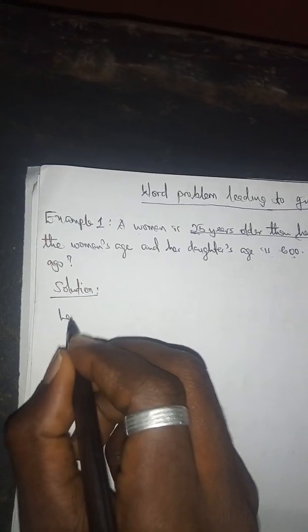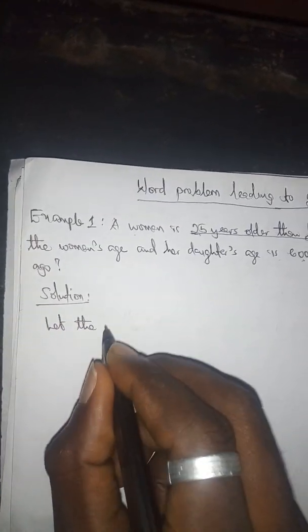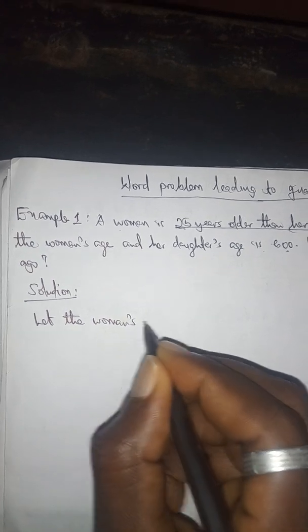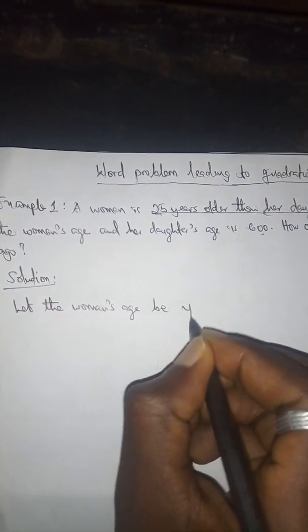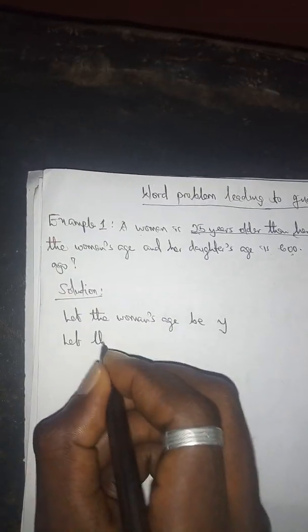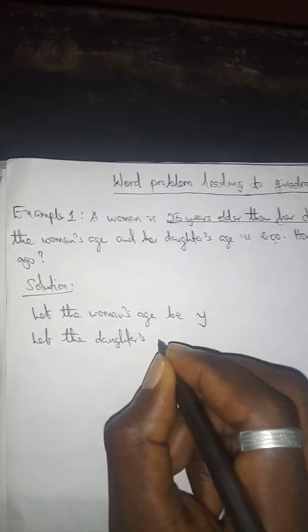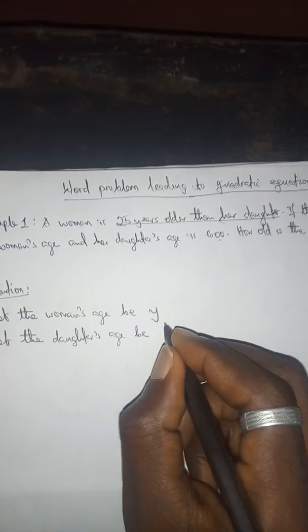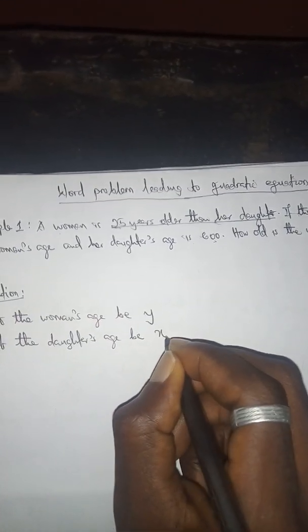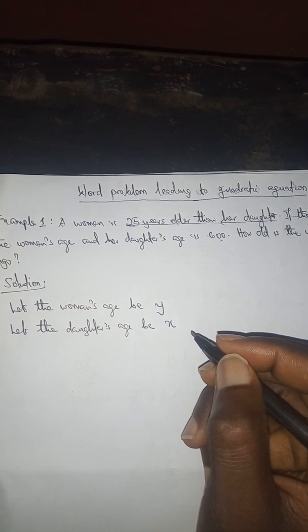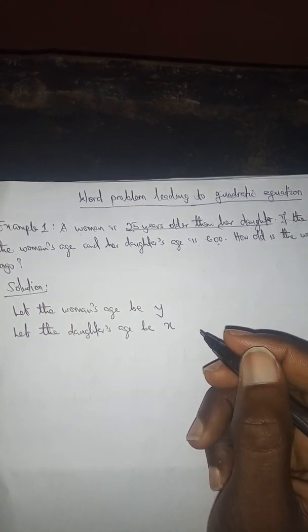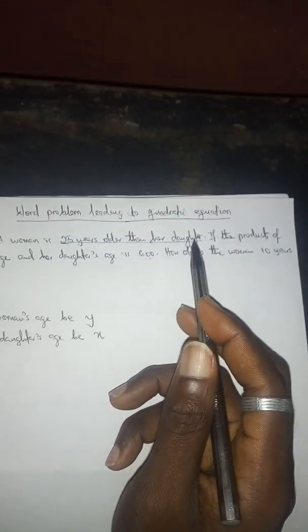So let the woman's age be y. Let the daughter's age be x. We are given that the woman is 25 years older than her daughter.